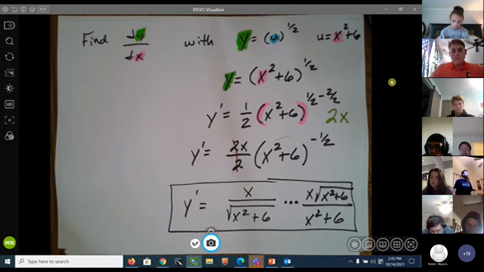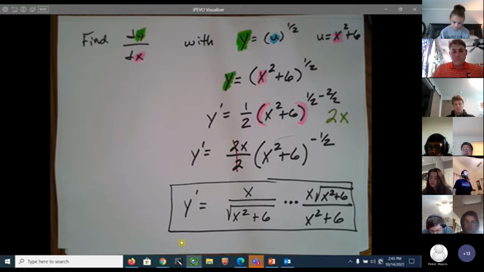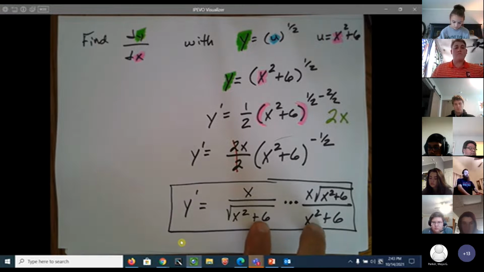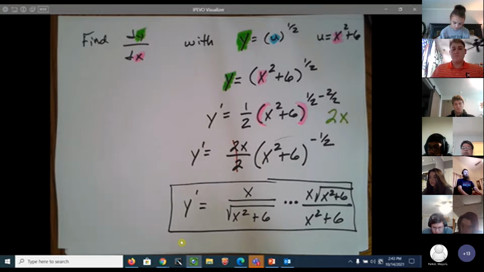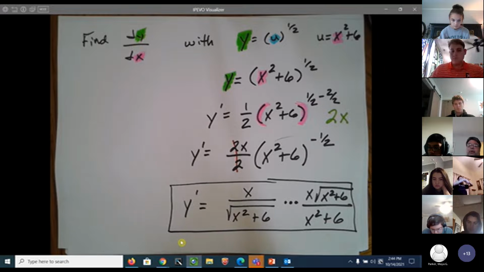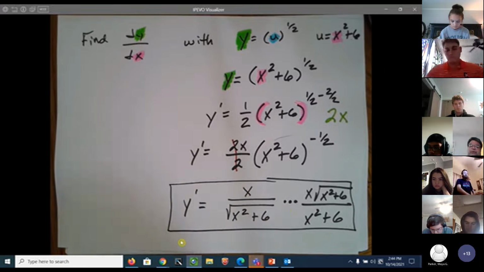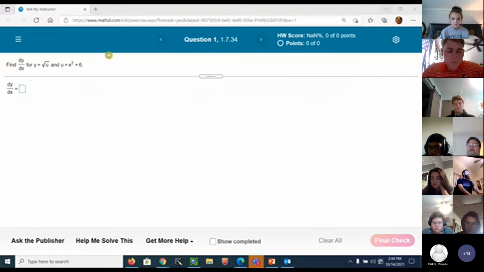Give you a second to let that sink in. These are your two possible answers. Not simplified, simplified. Actually, this one's more simplified, but since we have this little thing about radicals in the denominator, we do this. So let's go and see which answer they want.